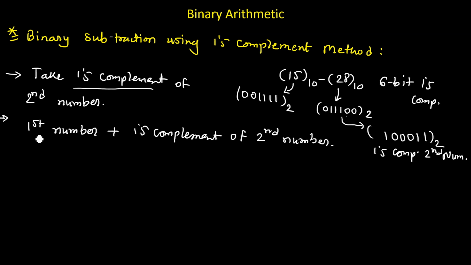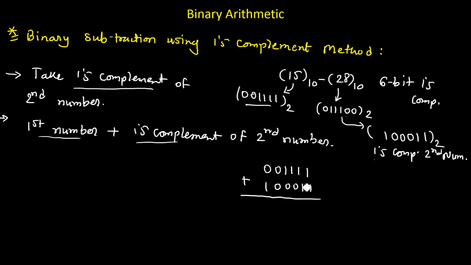Okay, now the second step. Add the first number and the first complement of the second number. So the first number as it is, 001111, and add the first complement of the second number, 100011. We have to add both the numbers.